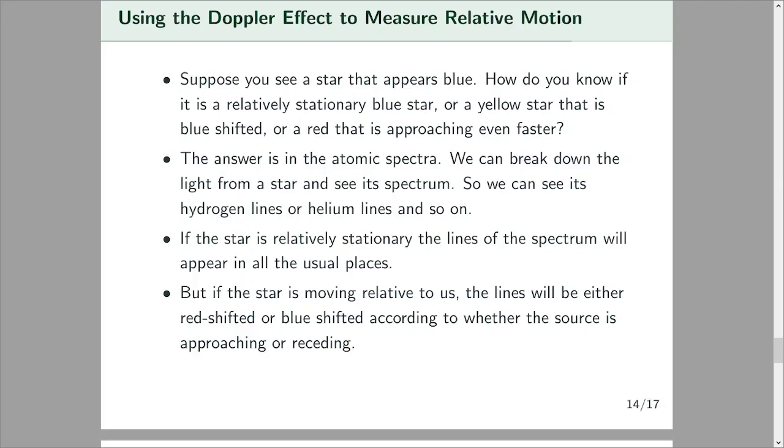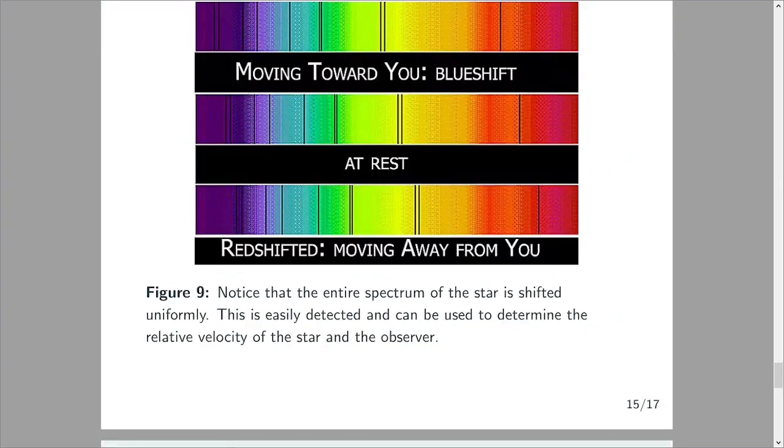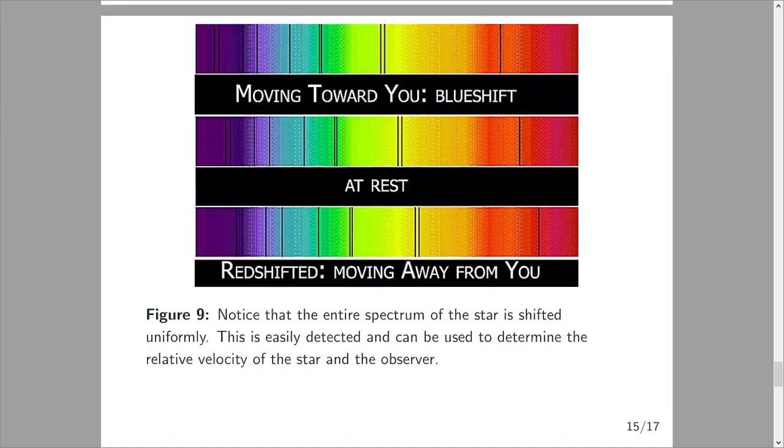If the star is stationary, the lines in the spectrum will appear in all the usual places. But if the star is moving, those lines will be shifted. And that's how we know if it's just a stationary blue star or if it's a star that's approaching us or receding from us.